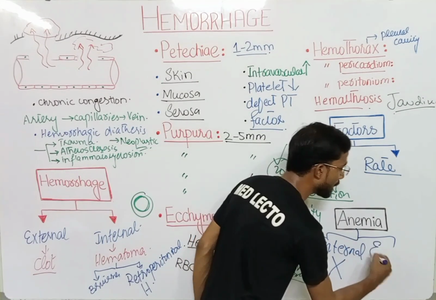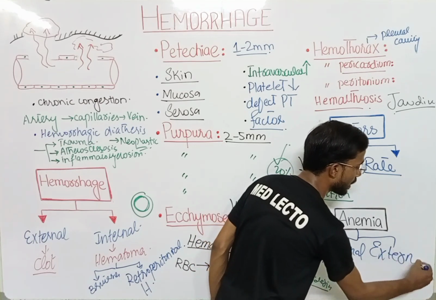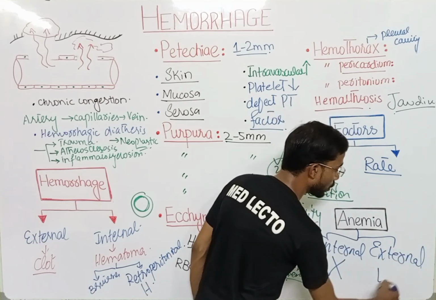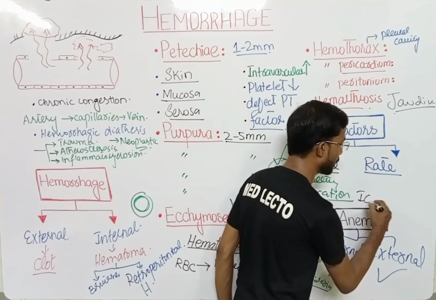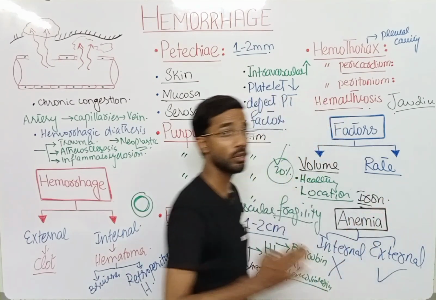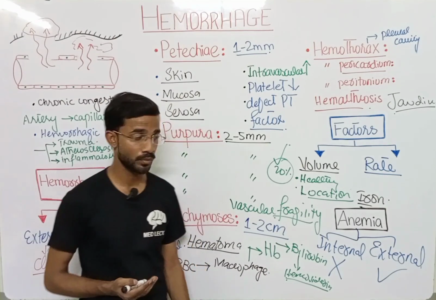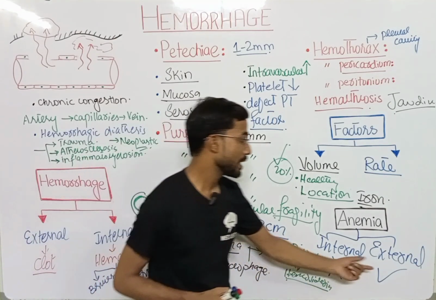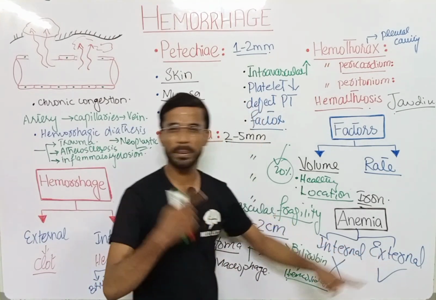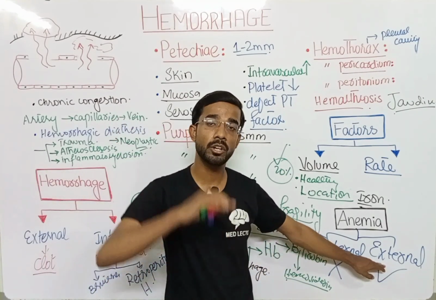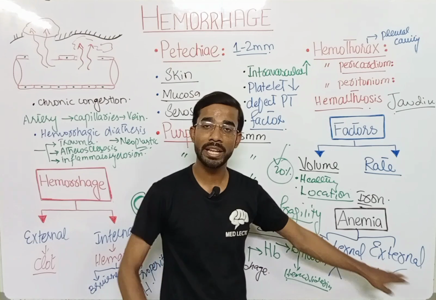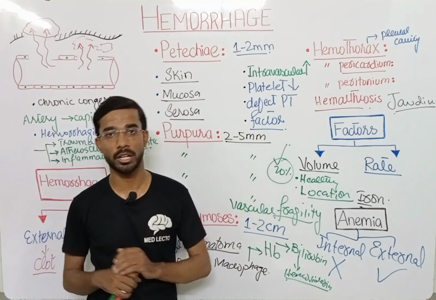But when the bleeding is external, then you will see the iron deficiency anemia, because in blood bleeding you also see the loss of the iron. So in this case, why? There is a reason. Like in the peptic ulcer and the menstruation, you will see the external bleeding, blood loss from the body. So it means the iron along with that will also be lost.